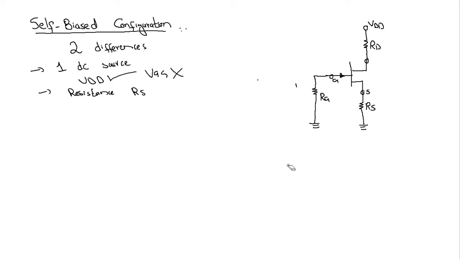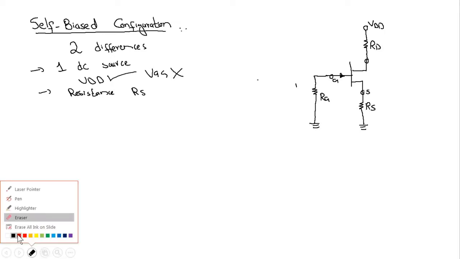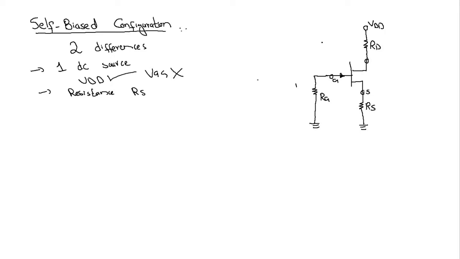In a JFET, the gate current is almost equal to 0 ampere. That is why the current flowing through this resistance RG will also be 0 ampere. As a result, this can be made a short circuit. So let me make this a short circuit over here.